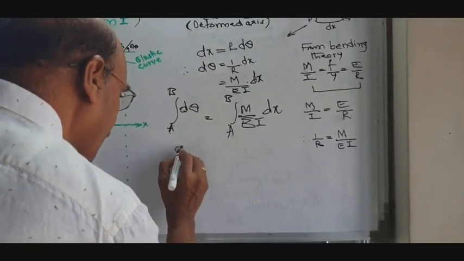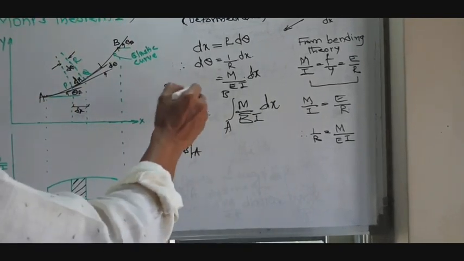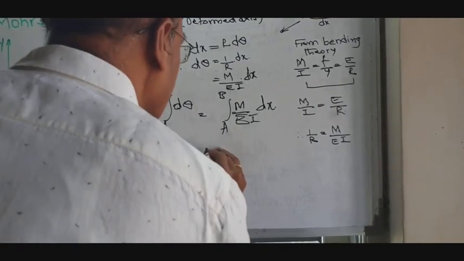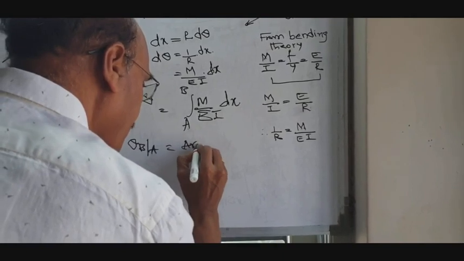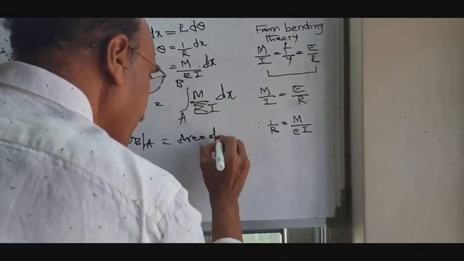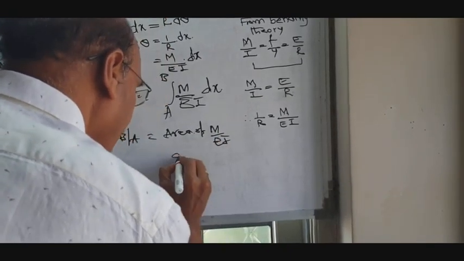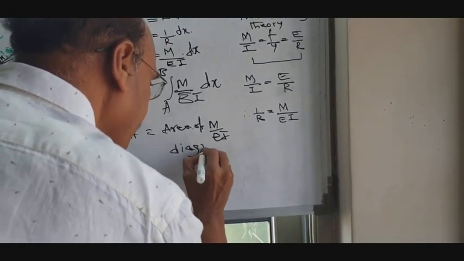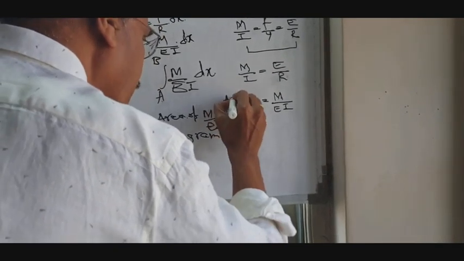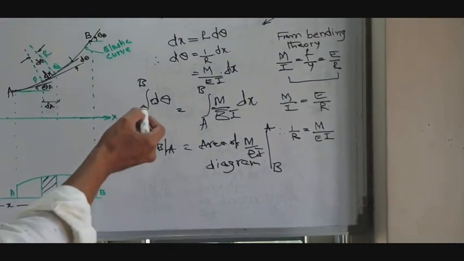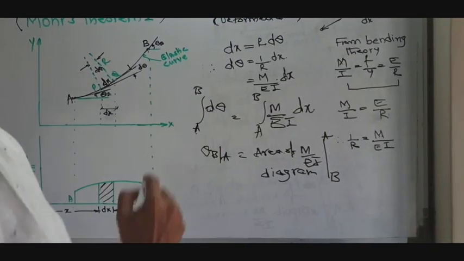So it will be denoted by letters like this. It is theta BA, the integration, that is the change in slope between B and A. This is nothing but the area of the M by EI diagram between the 2 points, that is A and B. This d theta is the change in slope between small points, that is 2 points P and Q, which are at a smaller distance.